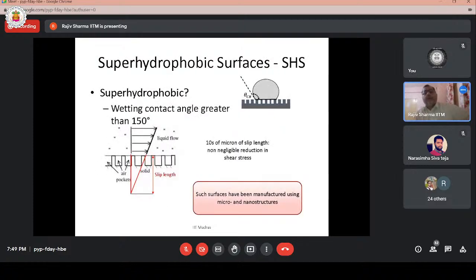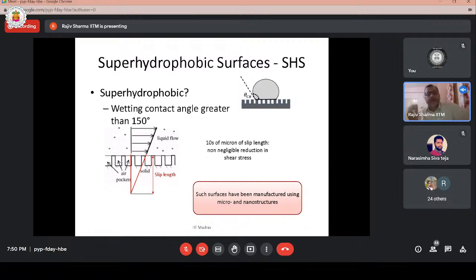Now, can we go one step further and say, okay, let's investigate super hydrophobic surfaces, SHS. Think about the angle, and instead of saying that it's a pointed thing, let's make the top flat and see how the slip angle is maintained or how the wetting angle is maintained.